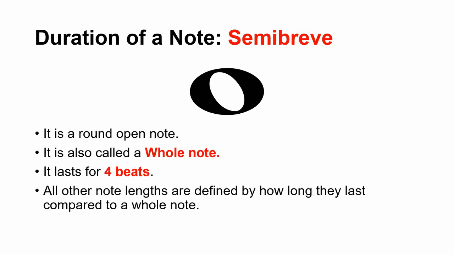So for example, if I'm playing a song or singing a song or playing a note on the keyboard or a violin, and the note, let's say, is a la, and I come to a semi-breve, the la must sound for 4 beats. So if this is 1, 2, 3, 4, 1, 2, 3, 4, then my la, when I hit the semi-breve, must go la.